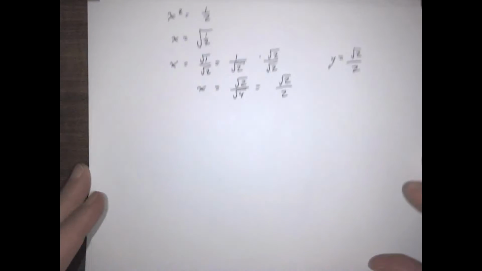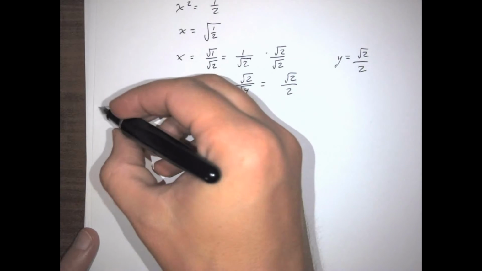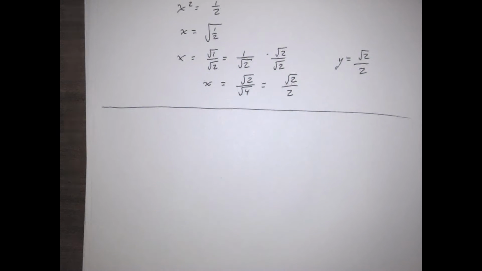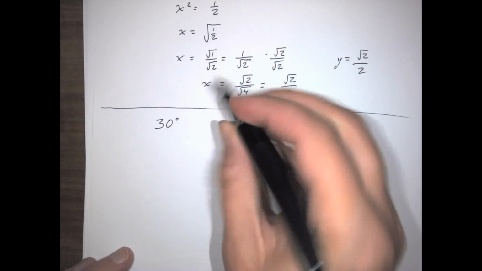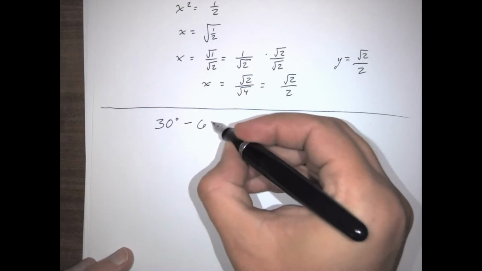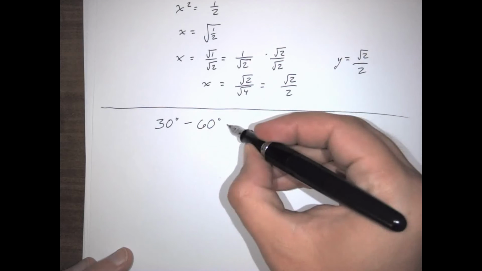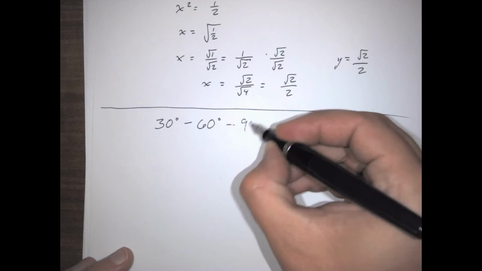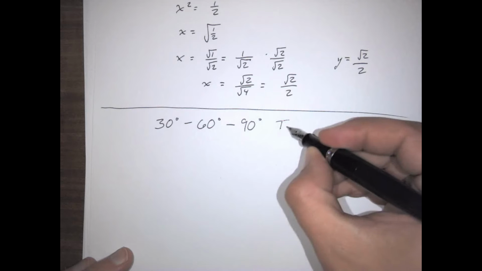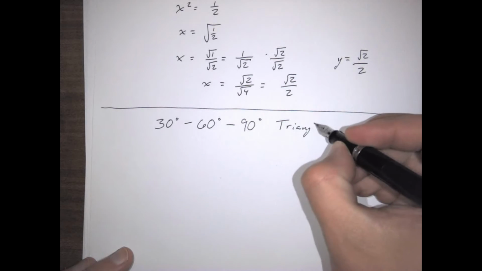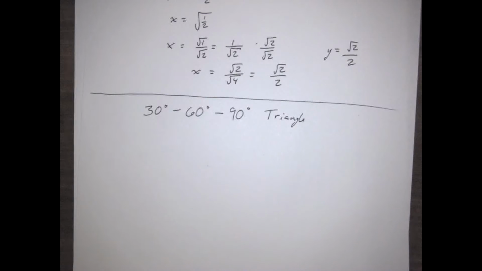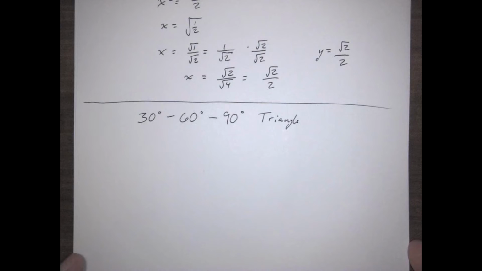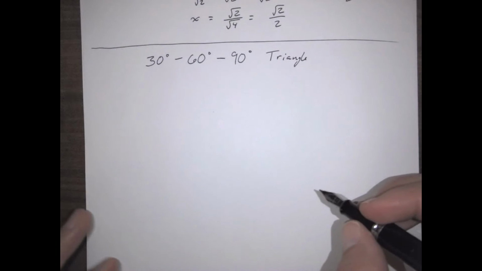But let's continue. We still have 2 more to find: 30 degrees and 60 degrees. Let's think about this. 30 degrees and 60 degrees, those are complementary angles. They could be the two angles in a right triangle.